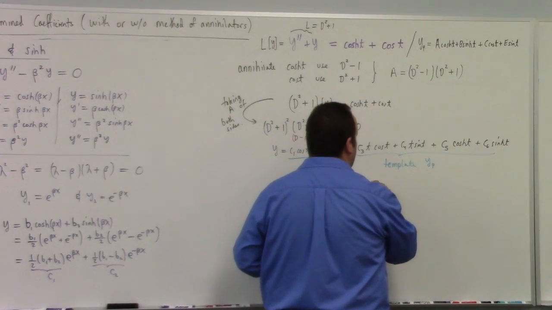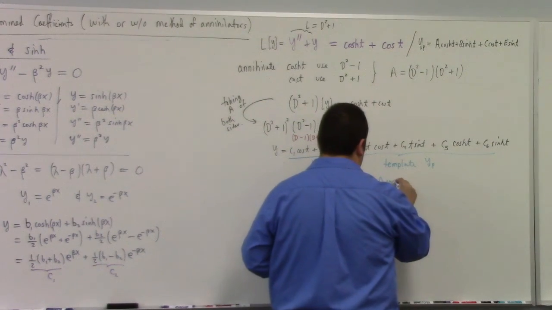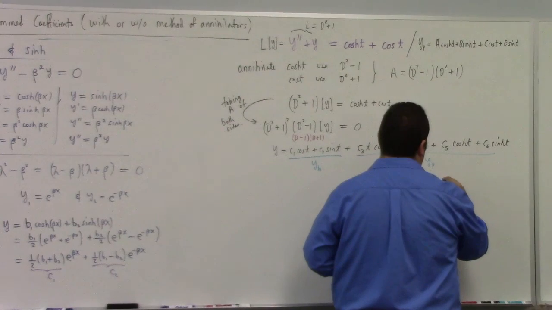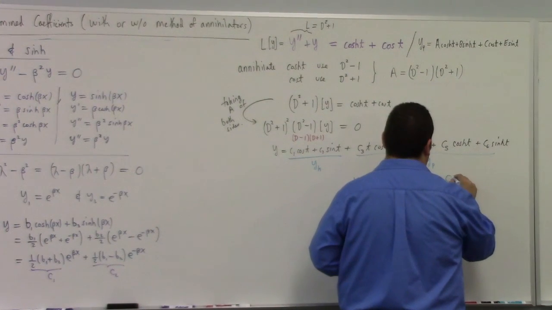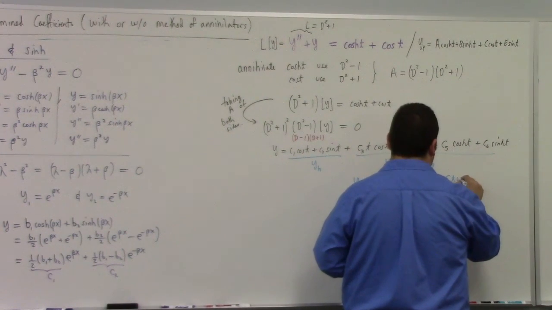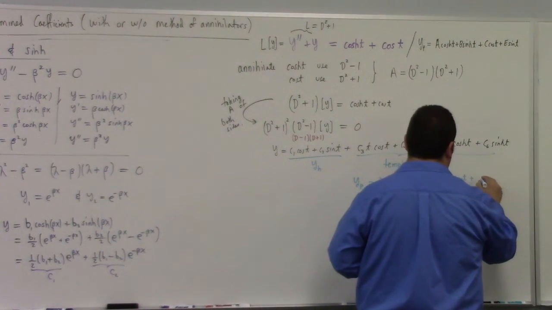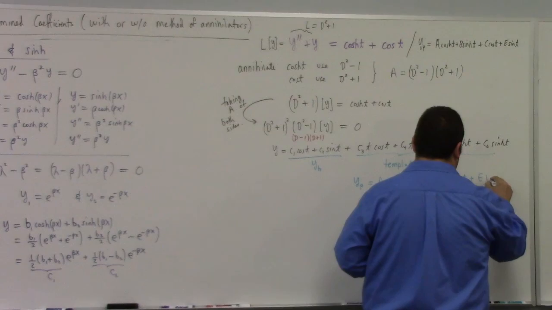So A cosh t plus B sinh t plus C t cos t, oh, I did the cosh and sinh first, sorry, I hope you can forgive me, plus E t sin t.